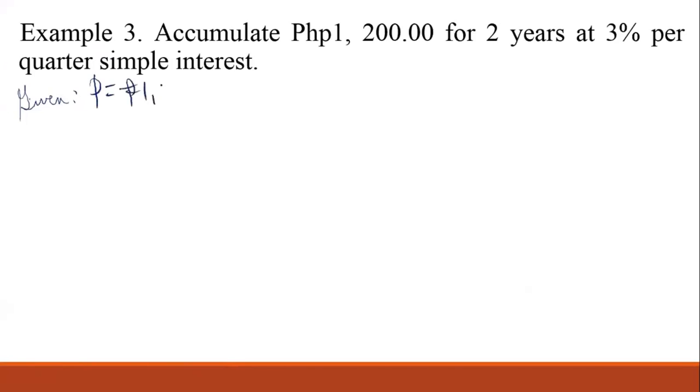Principal na 1,200 pesos. And then yung term, 2 years. The rate of interest is 3% per quarter. Per quarter. Ibig sabihin nun, 4 na beses sa isang taon. So, since 2 years siya, edi 8.